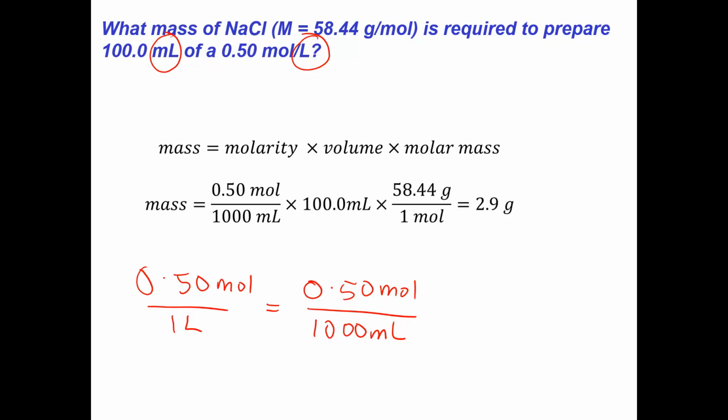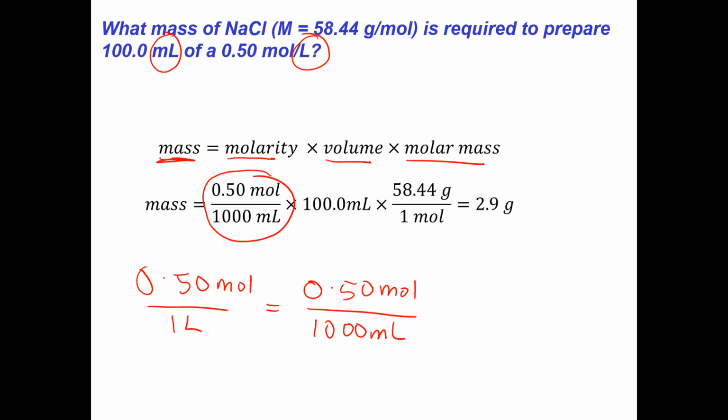So let's look at the problem at hand. We're asked to calculate the mass of solute required to prepare the solution. We know that the formula tells us that this is given by the molarity times the volume times the molar mass. And what I've done here is express the molarity in moles per milliliter, and that's okay, that's valid.